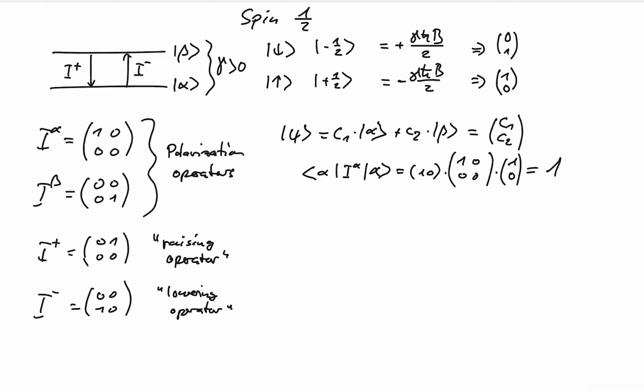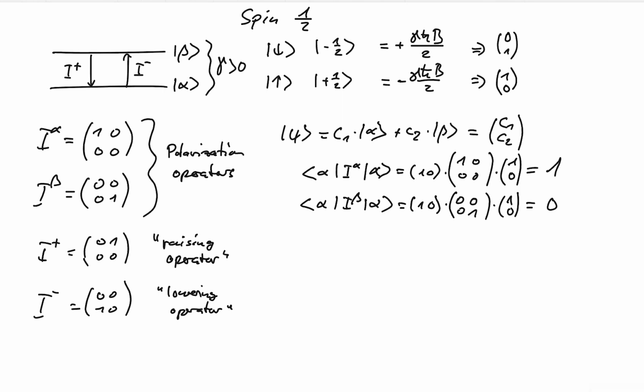Now, if we do the same, if we look at the alpha state and we want to know how much of the beta state is populated with the measure, then we apply the alpha state to the beta polarization operator. And in this case, we have 1, 0 times the operator representation 0, 0, 0, 1 times 1, 0. And when we calculate this product, we will see this is 0.